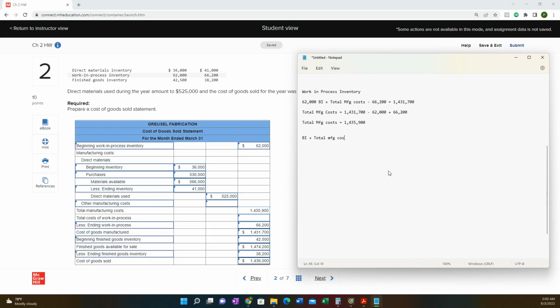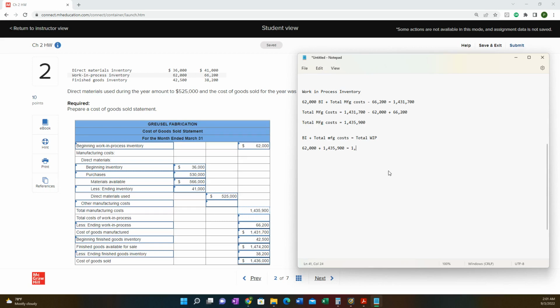Beginning inventory of work in process is $62,000. We now know that total manufacturing costs is $1,435,900. The total cost of work in process is $1,497,900.